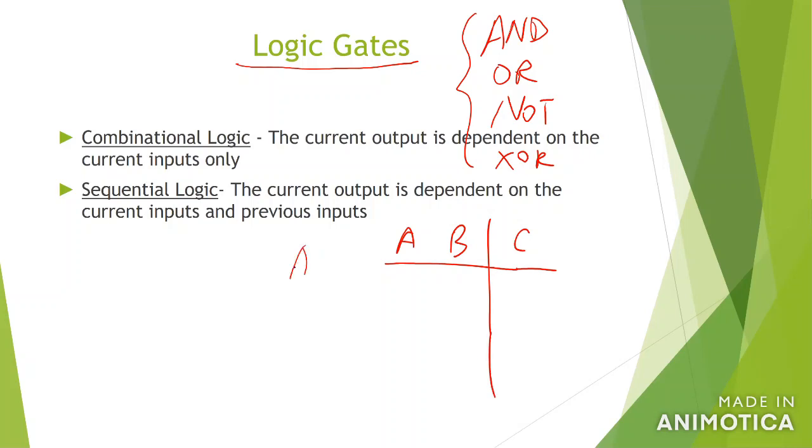If both inputs are 0, then the output will be 0. If we have 0 on A and 1 on B, the output is also 0. With 1, 0, the output will be 0. With 1, 1, the output will be 1. So this is the truth table for the AND gate.